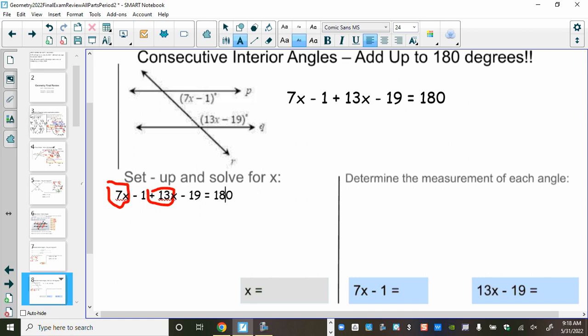And then, so you owe $1, and you owe 19 more. How much do you owe altogether? So what's -1 minus 19? What do we get?